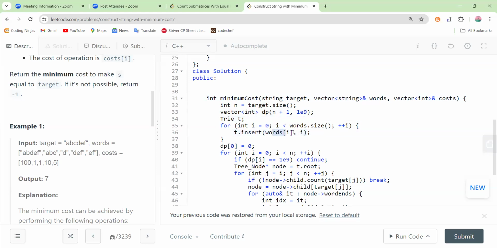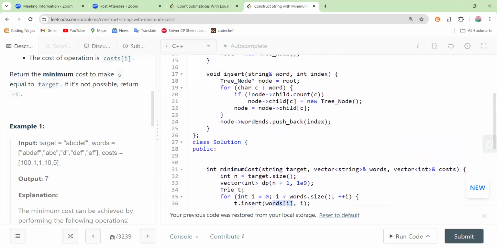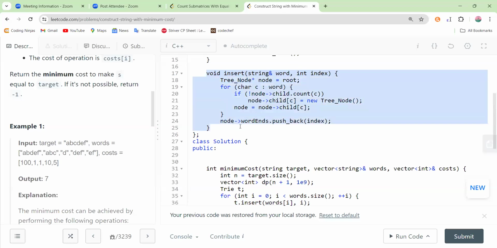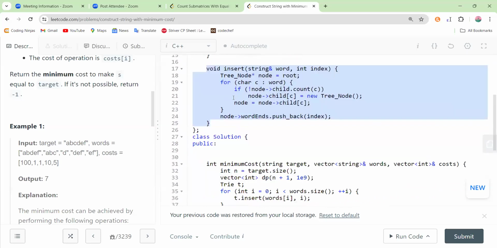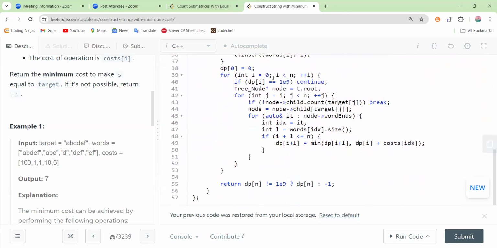So T.insert words of i, comma i, and we already have this insert function made in the trie class. Now we also initialize DP of 0 with 0, because as we already discussed, the cost required for making a string of length 0 is 0.